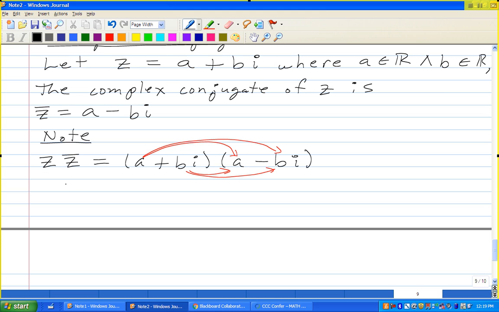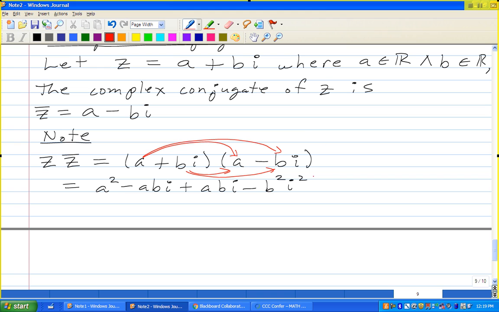So I get a times a is a squared. A times minus bi is minus abi. Bi times a is a positive abi. Bi times minus bi is a negative b squared i squared.